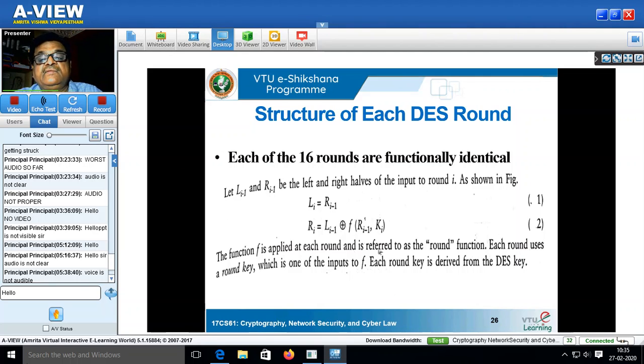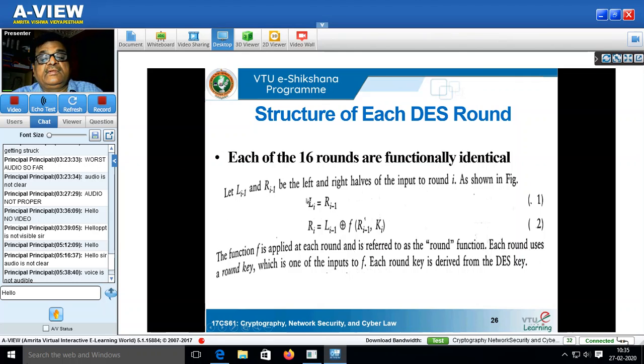Since we are considering round i, L(i-1) and R(i-1), which are obtained from the earlier round, are coming as input here. Li equal to R(i-1) means we keep the left side fixed. Whatever was supplied as the right side of the earlier round becomes the input Li here, the left part of 32 bits.